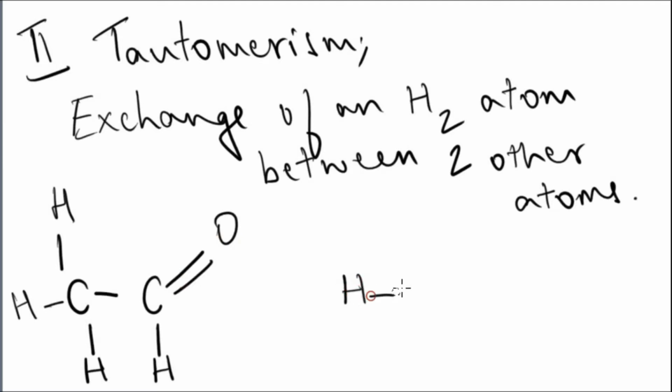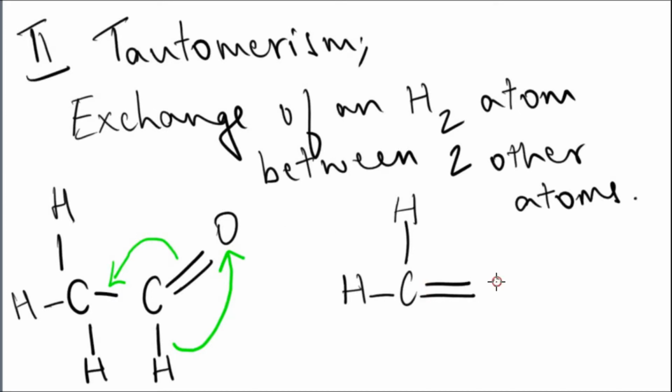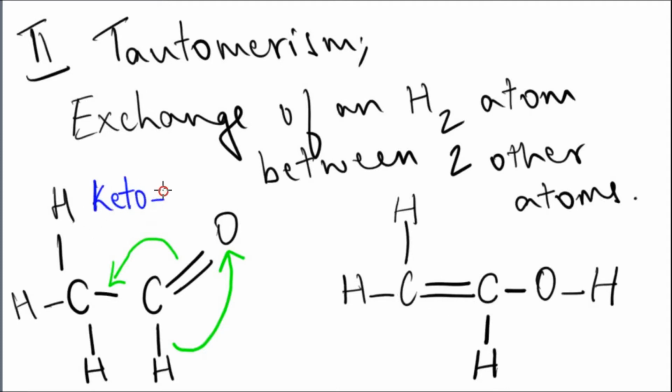You have to move the double bond to the adjacent side, and then one hydrogen goes to the oxygen, not the same hydrogen that is in the first compound. So this is what it looks like. You're going to have the double bond between the carbons instead of between the carbon and the oxygen, and you're going to have a hydrogen attached to the oxygen. So you get an enol form, which is an alcohol form, which is the hydroxyl group OH.